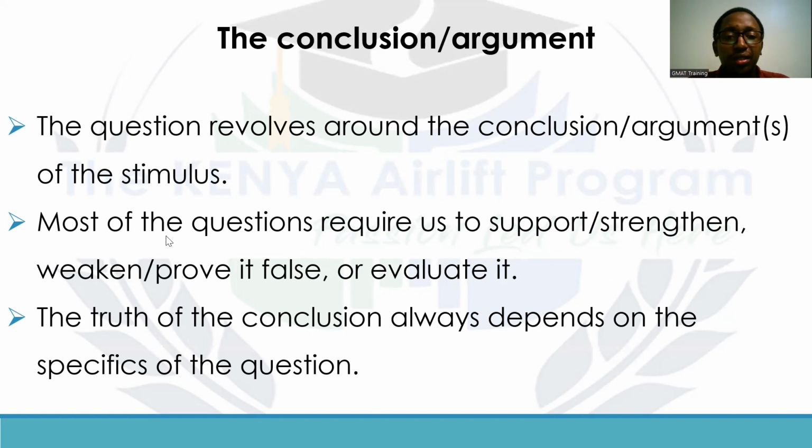Evaluation questions are the ones where you have to determine whether the conclusion is true or false. So in short, you're determining the truth of the conclusion. The truth of the conclusion always depends on the specifics of the question, which is why we do not assume that the conclusion is true.